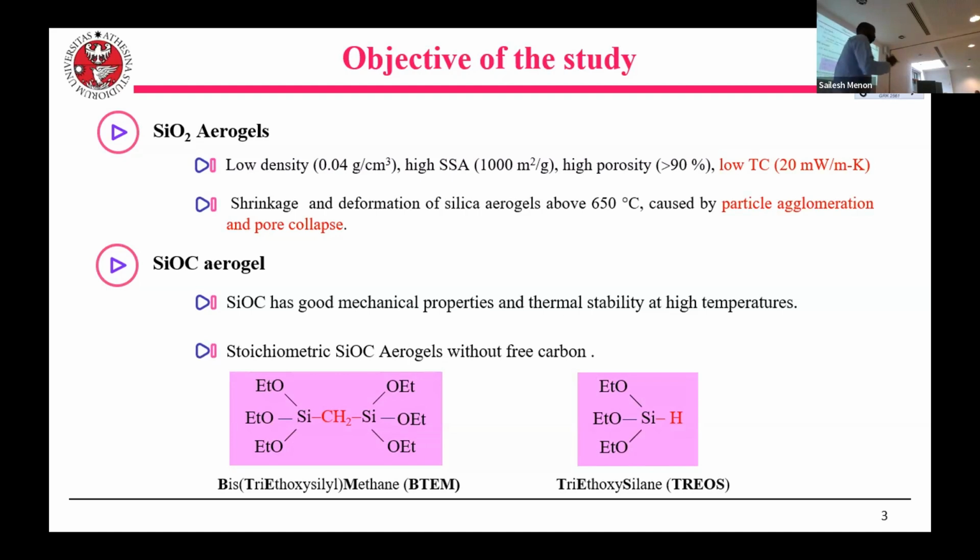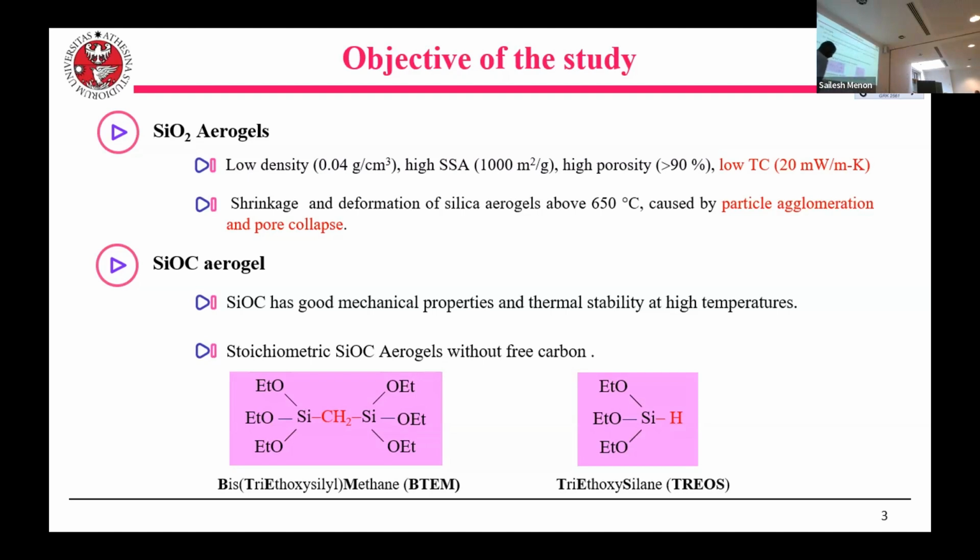Therefore, our objective is to replace the silica aerogel with SiOC aerogel, since SiOC aerogel has good mechanical properties and is thermally stable in an inert atmosphere.